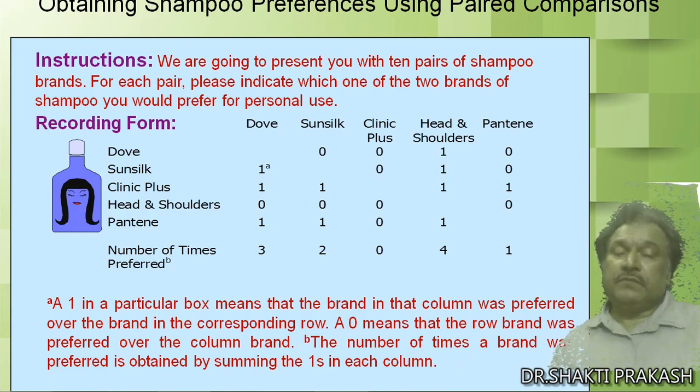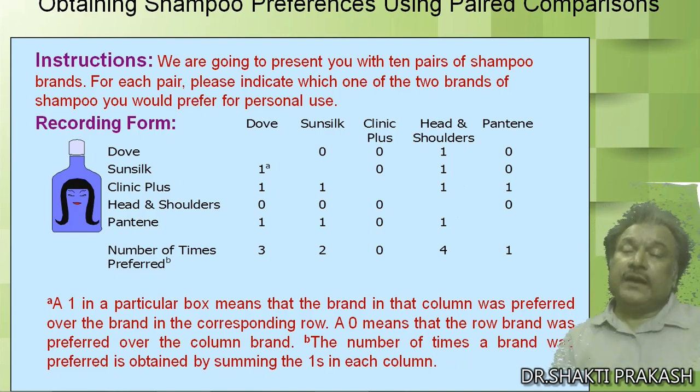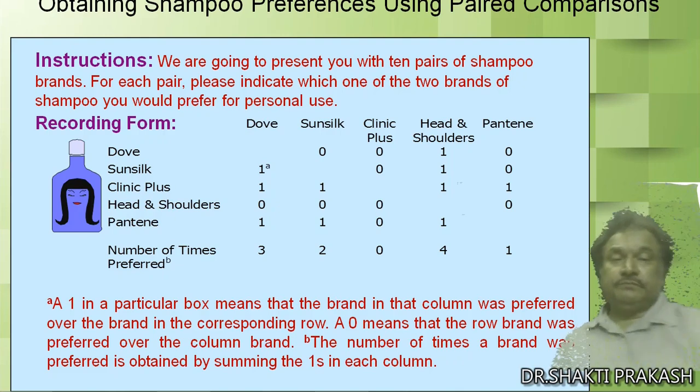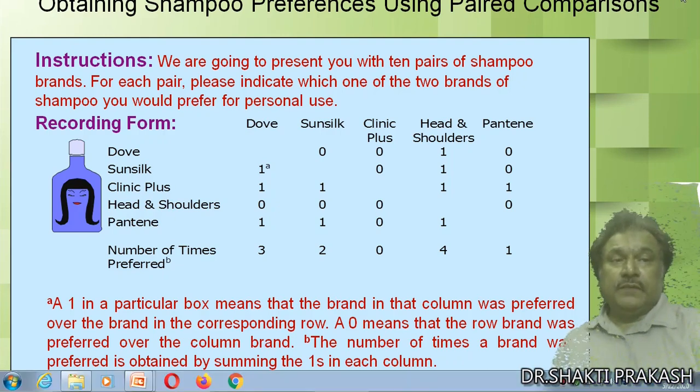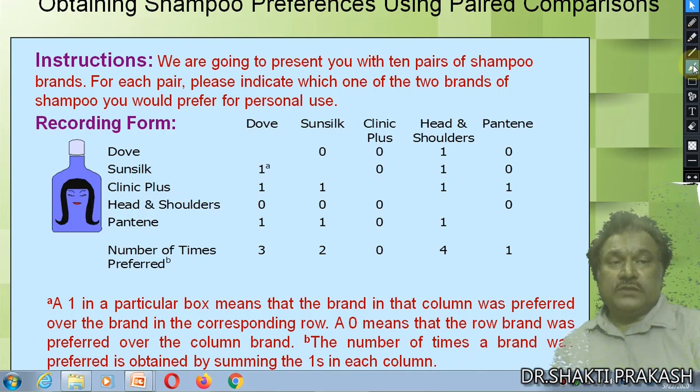The comparison will be in rows, and marks will be given for a particular brand, like Dove, in the column.